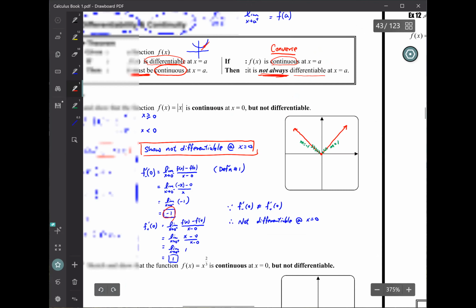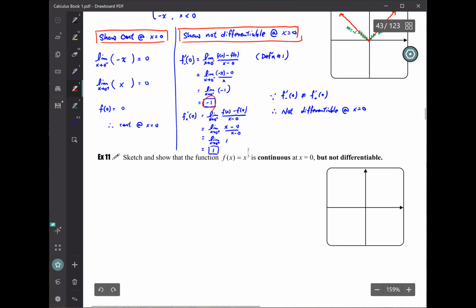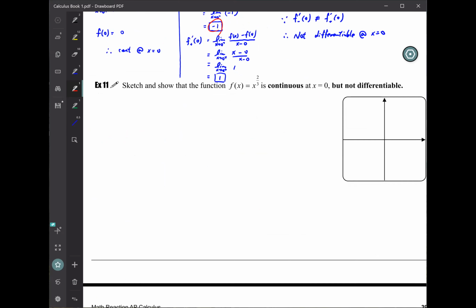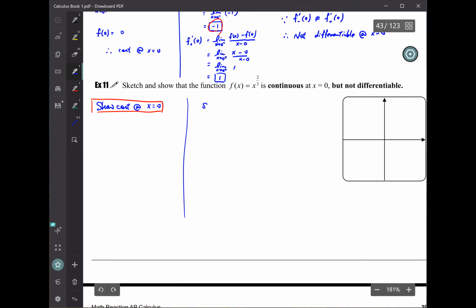Okay, I'll let you try this one. Same thing, we're gonna show it's continuous, and then we're gonna show that even though it's continuous, it's still not differentiable at x equals 0.